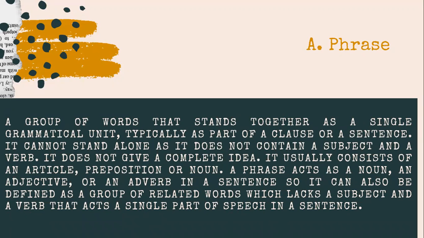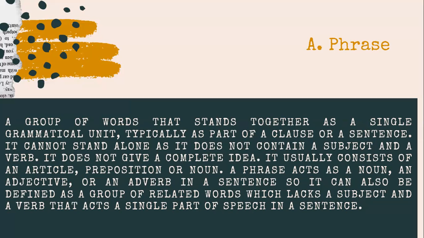in a sentence. So again, when we talk about phrase, please be reminded that it is a group of words. It can be part of a clause or a sentence, but it cannot stand alone. Why? Because it does not contain a subject and a verb. And because it lacks a subject and a verb, it does not express a complete idea or thought.